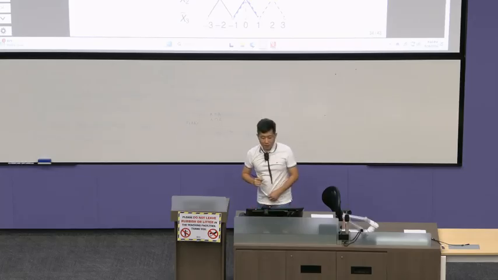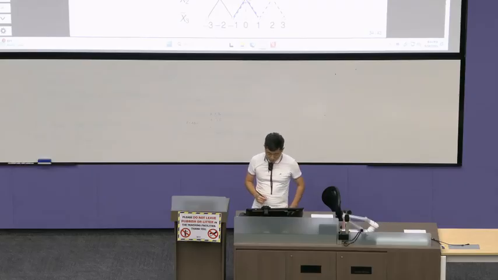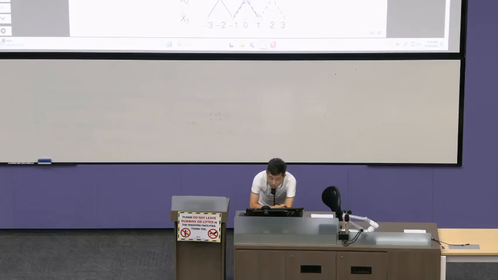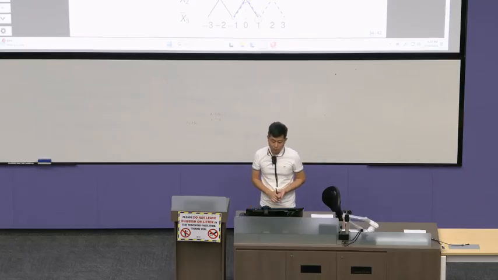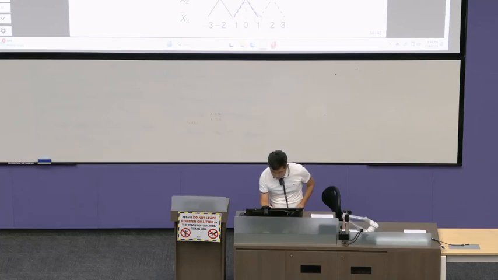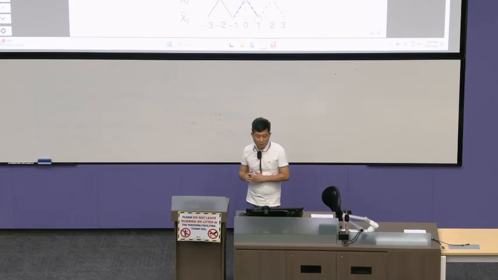Then what is the probability that x3 equals 1? It's 1/2. It's either plus 1 or minus 1. Right? So this is 1/2. And what is this? This is F2, all the past information up to t equals 2.